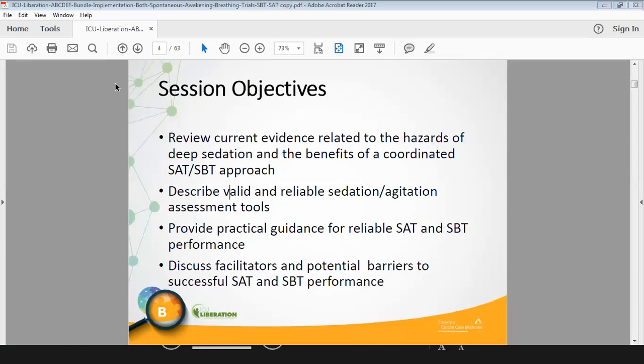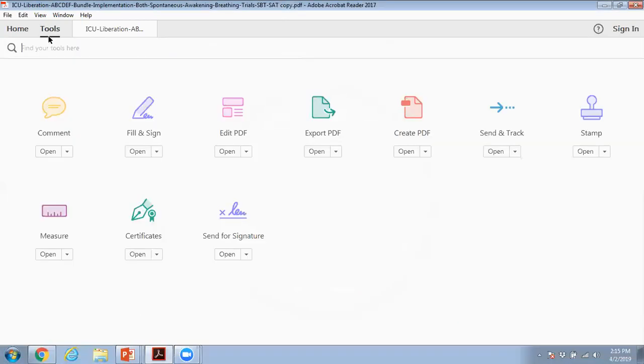Two screens. Something about the screen. Share.